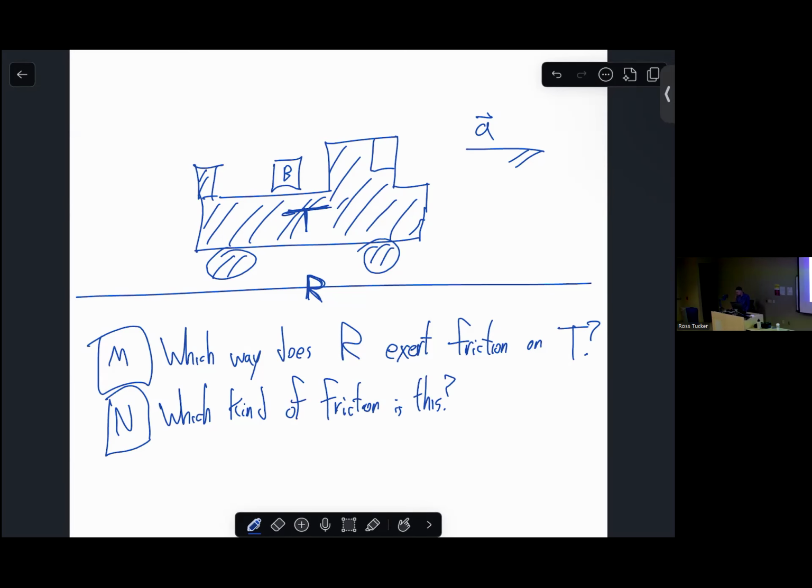It's the wheel. Check your notes, by the way. For N, I already told you the answer earlier when I was introducing kinetic and static.